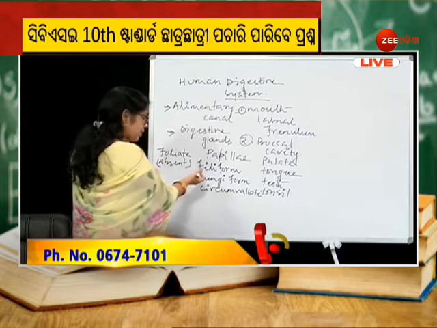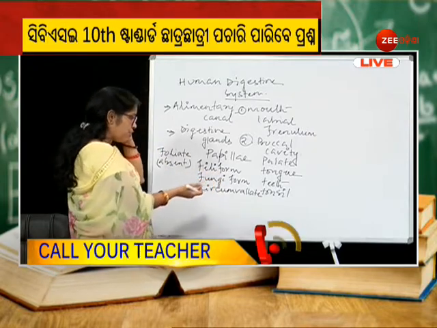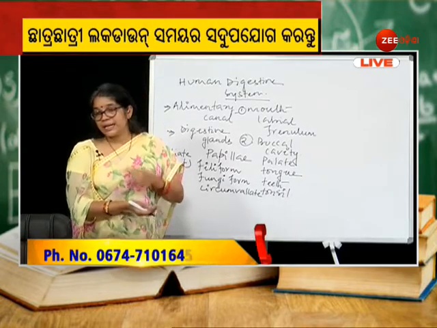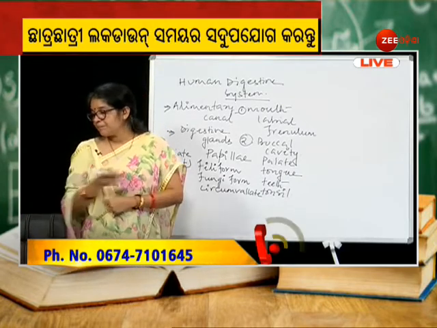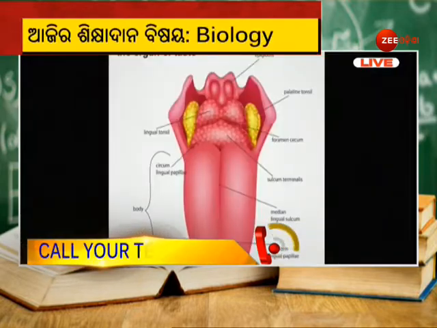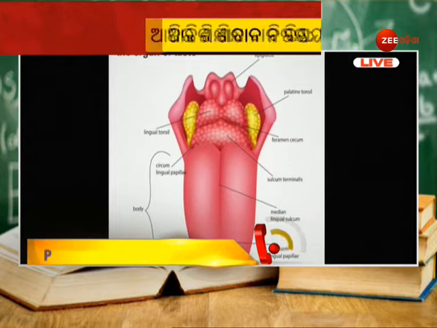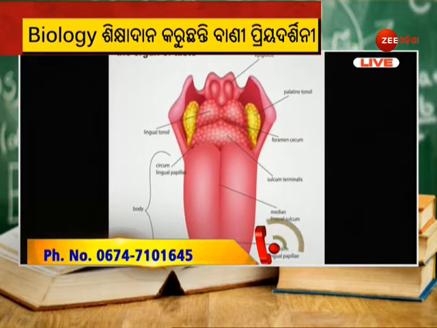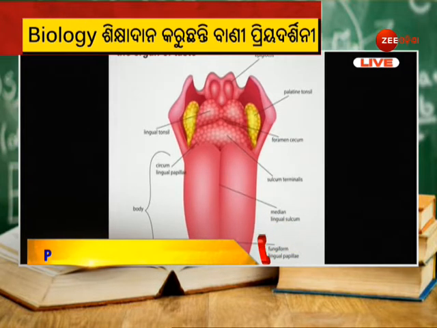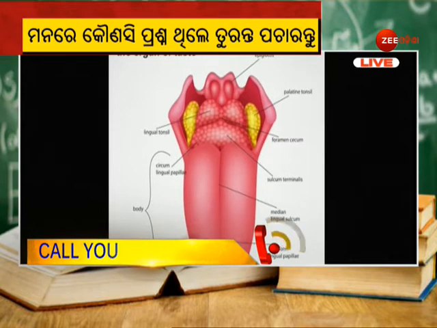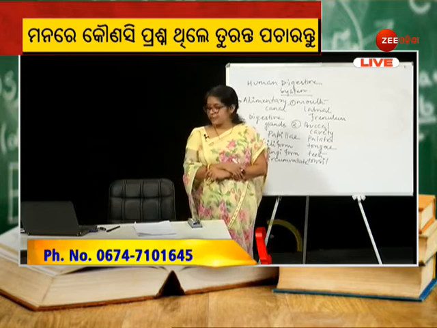The next one is the fungiform, which is present near the tip of the tongue, as we can see clearly through the PPT provided. The fungiform papillae are mostly present near the tip of the tongue, and they have a number of taste buds. Each papilla may contain 5 taste buds.